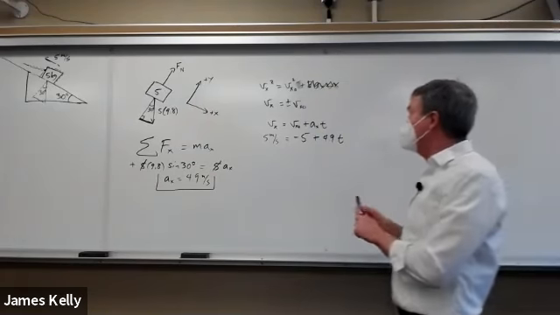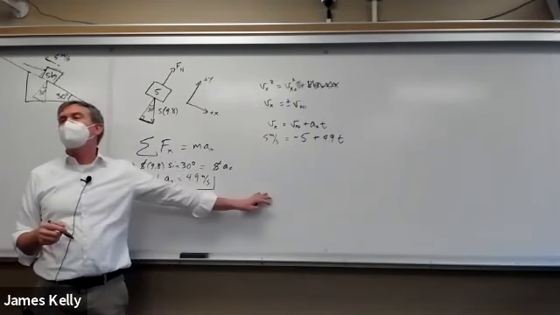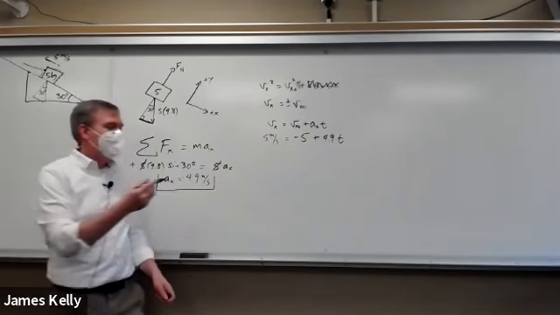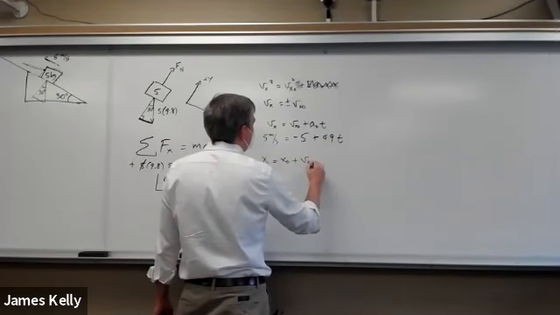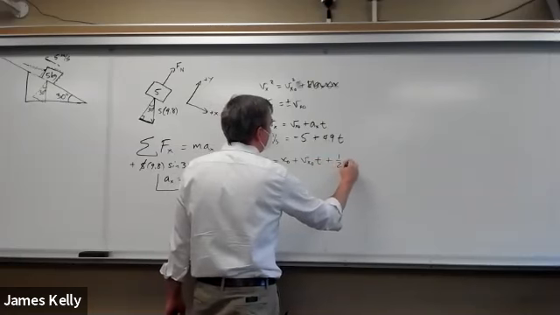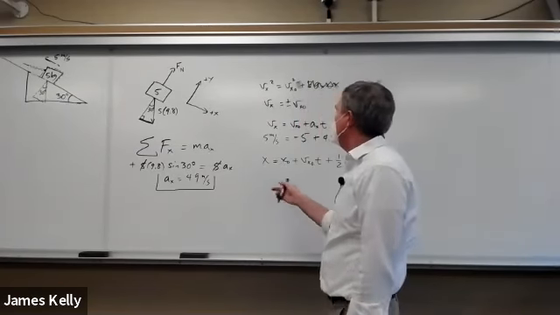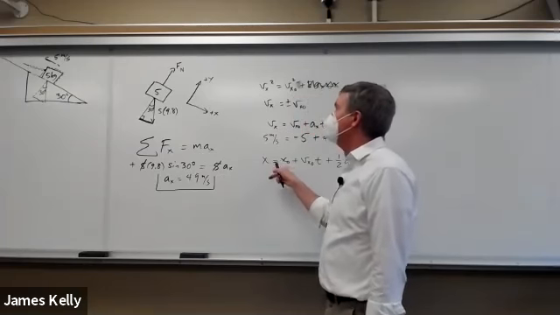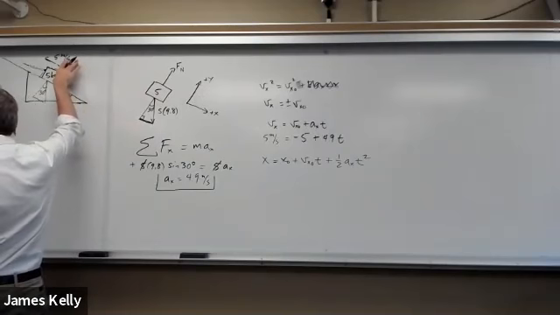We could have gotten it from the other one too. When you watch someone do this on the board, you think, wow, would I know? I wouldn't have chosen that one. I would have chosen this one, x equals x initial plus Vx initial times t plus 1/2 ax t squared. Let's see what comes out of there. Let's suppose I put the origin of the coordinate system at wherever I'm marking my points from on the box, right?